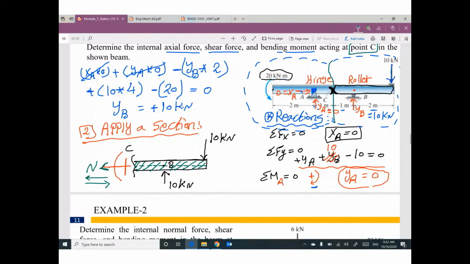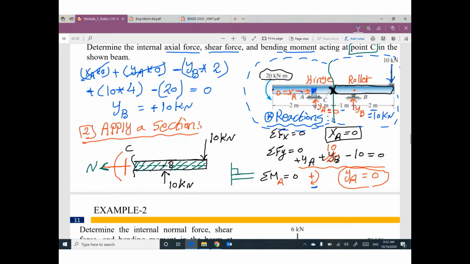So I'm gonna assume normal to left like this. What about shear? I would like to assume this vertical arrow. Why is shear vertical? Because shear must be perpendicular to the beam. Your beam is horizontal, so the shear must be vertical.